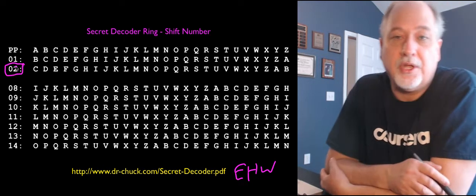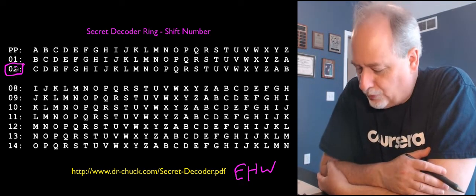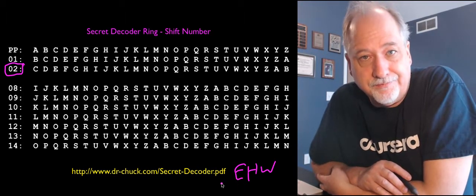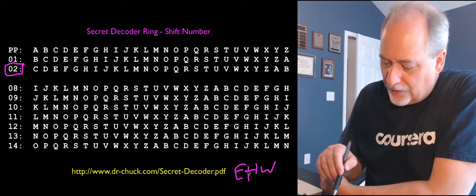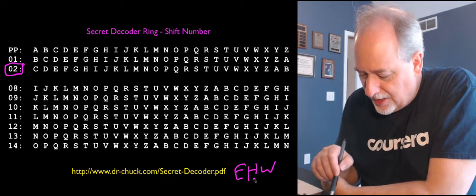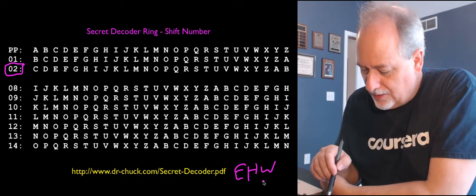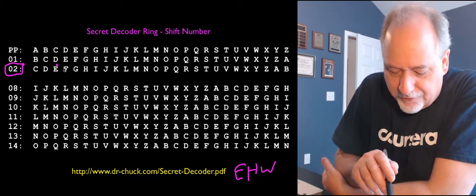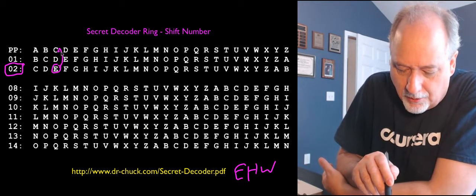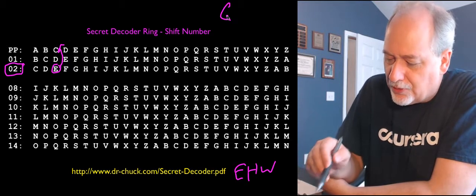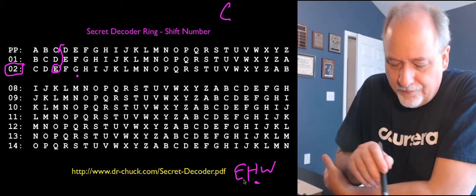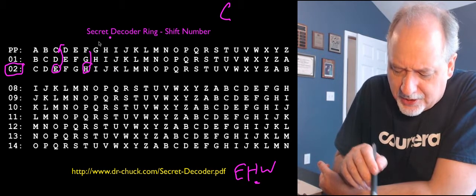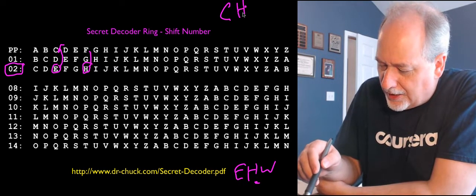So we somehow communicated separately and securely what the shift was, and now we have received our ciphertext and need to decrypt it. We know the shift is 2, so we go to E in the shift row, and then up to the plain text row, and the first one is C. Then we go to H in the encoded text row and back up to the plain text row, and so that's an H.